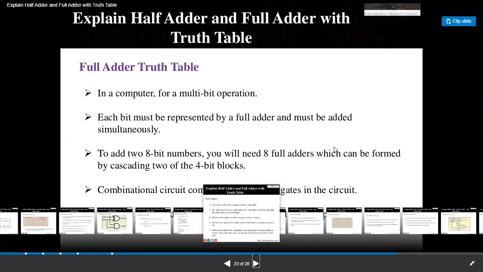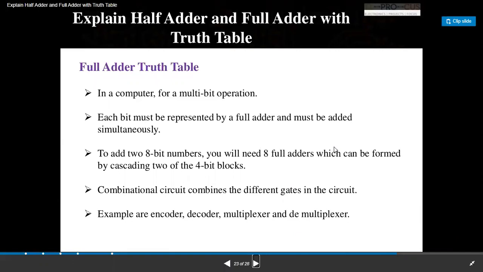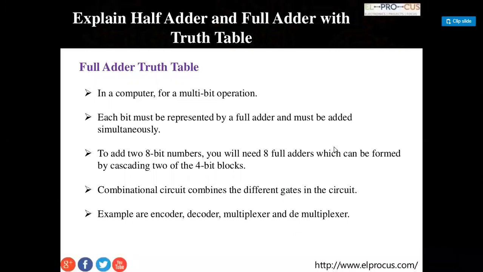Now the full adder table. In a computer, for a multi-bit operation, each bit must be represented by a full adder and must be added simultaneously. To add two 8-bit numbers, you will need 8 full adders.